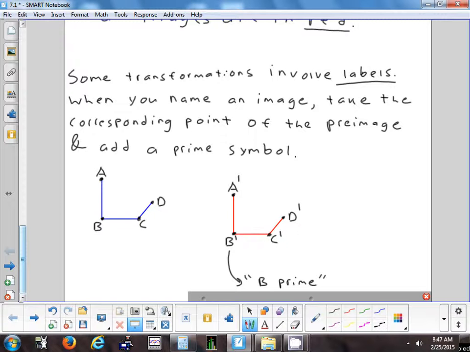Now, what if you did another transformation to this one in red? So let's say we took this and then we made, it's going to be hard for me to do by eye, but then did like a mirror image of it. Okay, something like that. How do you think you would label this point now?